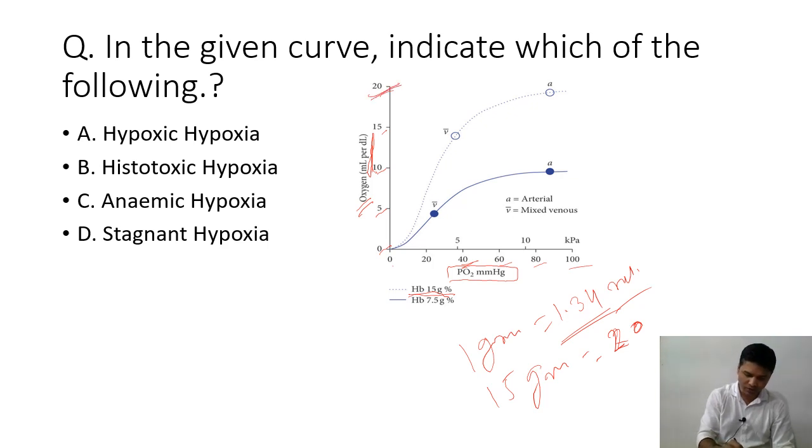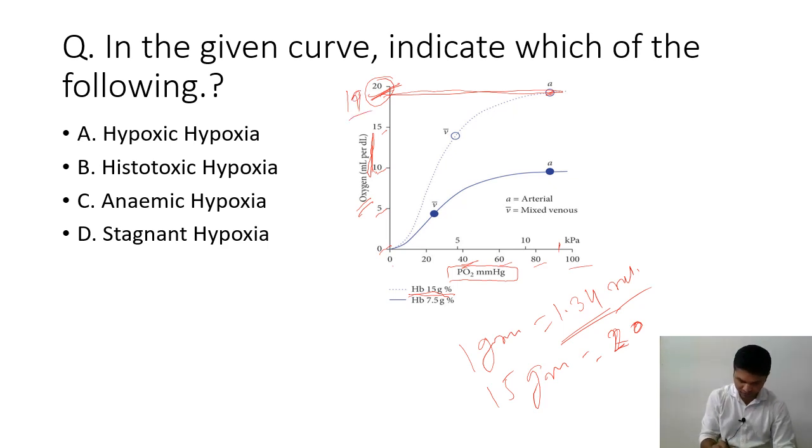So here is the 20, this is maximum. And two graphs are showing. One, this dotted line, is showing saturation around 100 at this level, around 95 or 100, and oxygen content is also just around 90 here in the first graph.